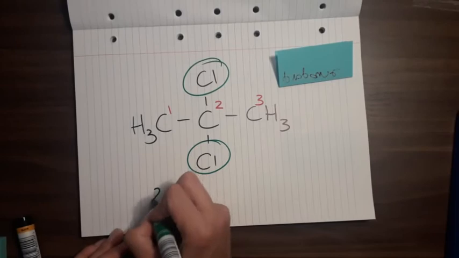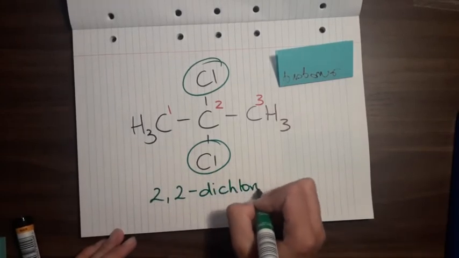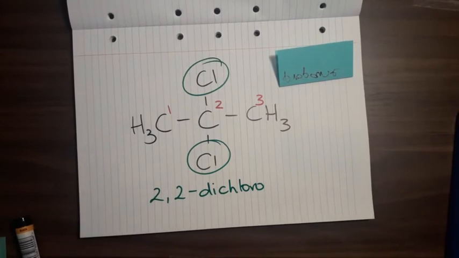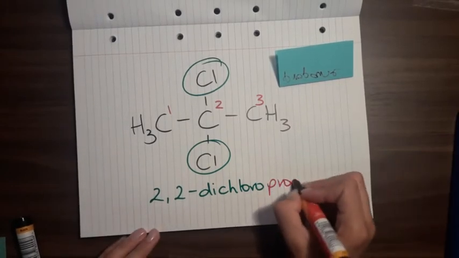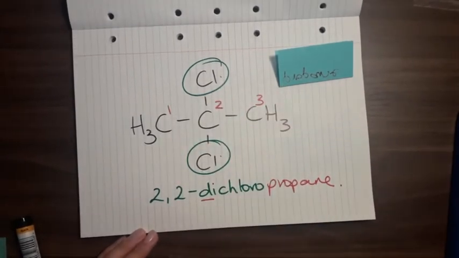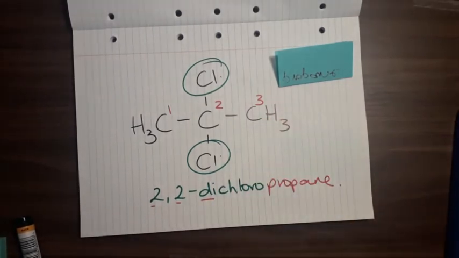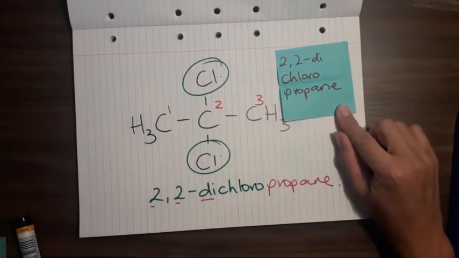It's going to look like this. Di meaning 2 separate chlorines. These numbers are showing where they are attached. So it could have been a 1 and a 2, or a 1 and a 3, or a 2 and a 2. Sweet.